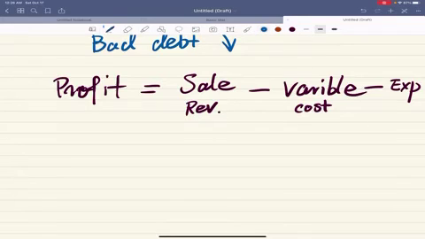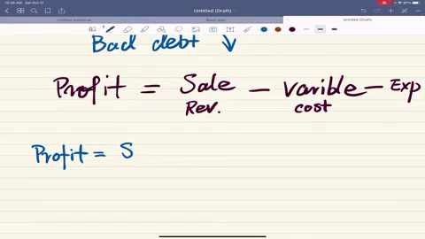Suppose you have the profit now. Your sales might increase, so you may have an increase rate. The G represents the growth rate.